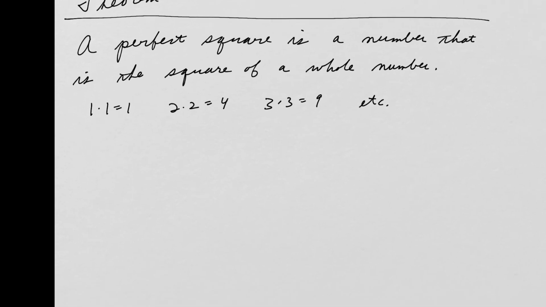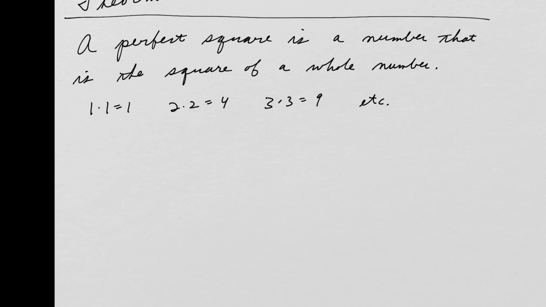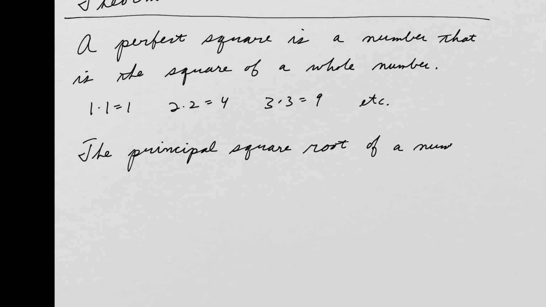All right, so now what's called the principal square root. So the principal square root of a number n, written like this.